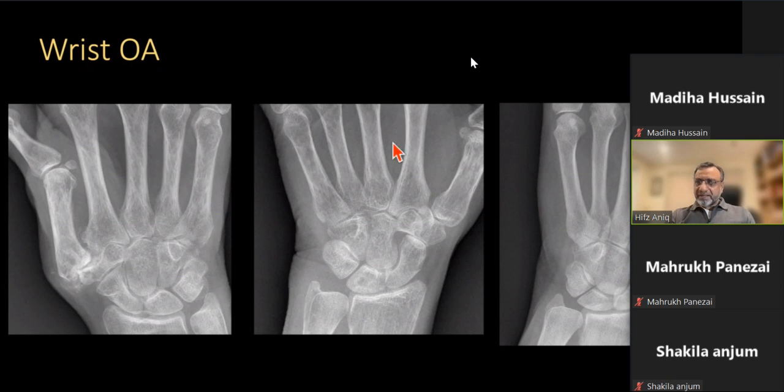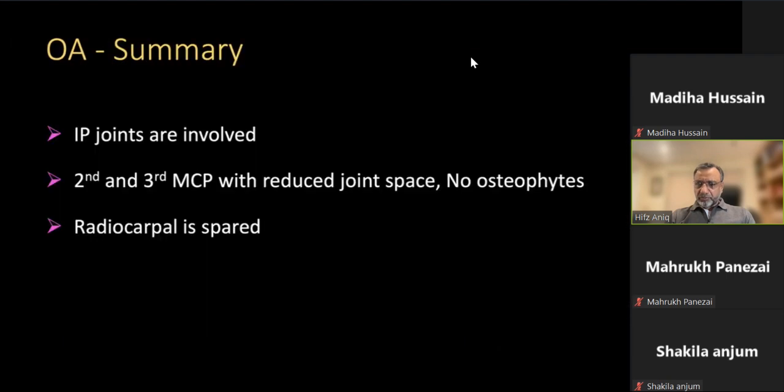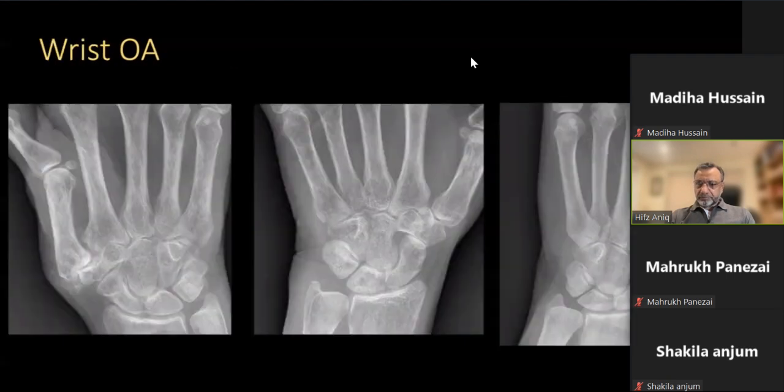So, any condition you remember where you can have osteoarthritis in the radiocarpal joint? Any condition with osteoarthritis in the radiocarpal joint?